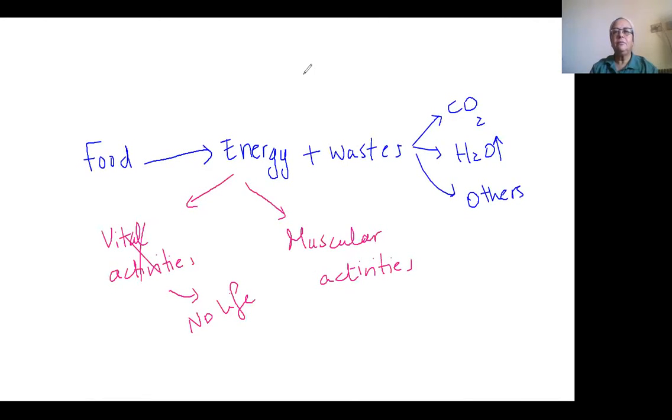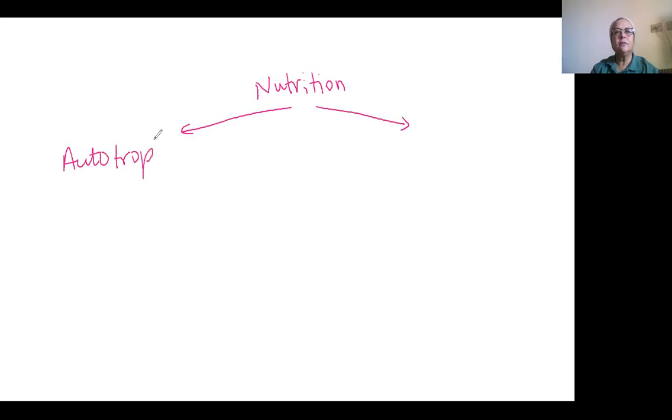Now, are all the organisms feeding or gaining nutrition the same way? Of course not. The organisms are divided according to the kind of nutrition into 2 kinds. So nutrition is either autotrophic or heterotrophic.